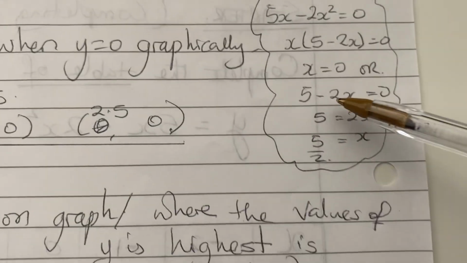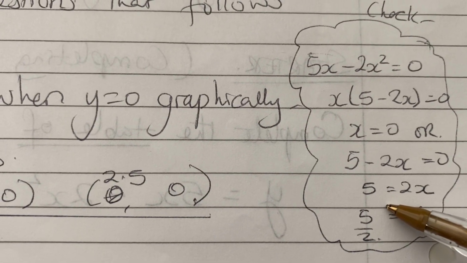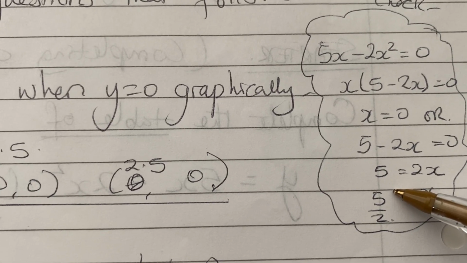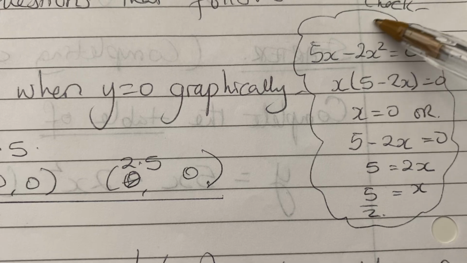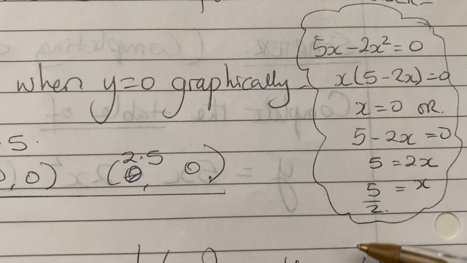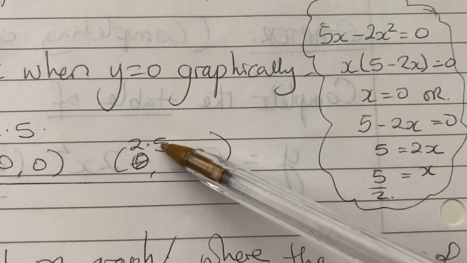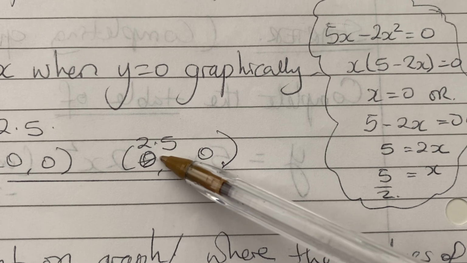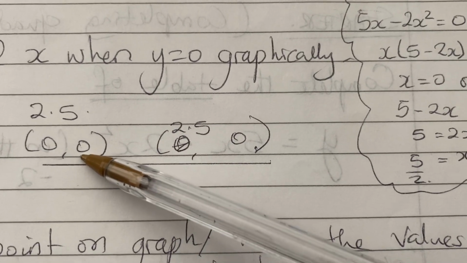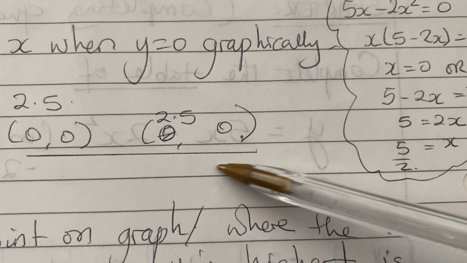If you have this knowledge, it can also help you plot an accurate parabola. But even if you don't do this, you shouldn't get more than 2.5 here, and they will give a range.